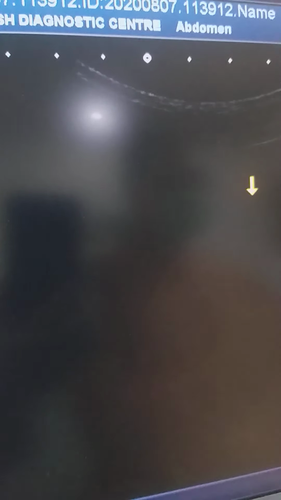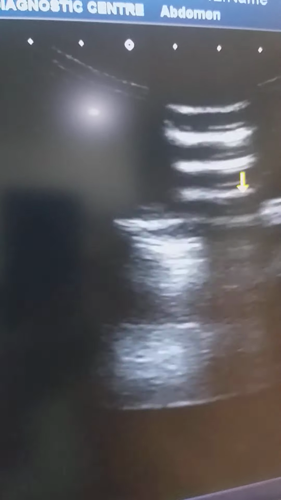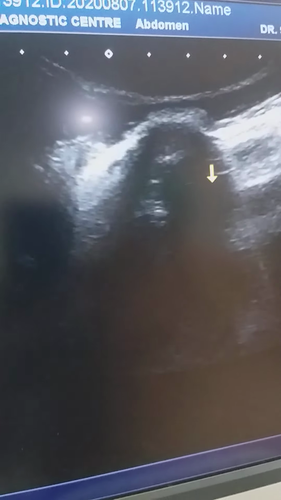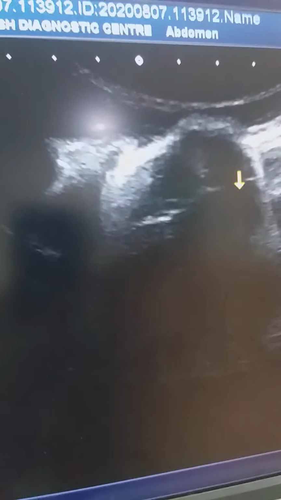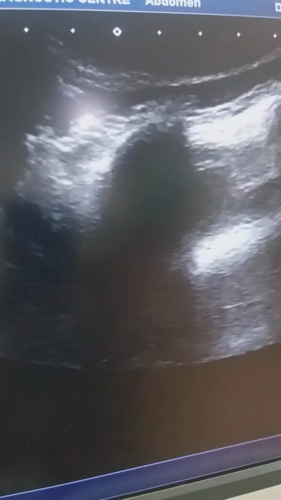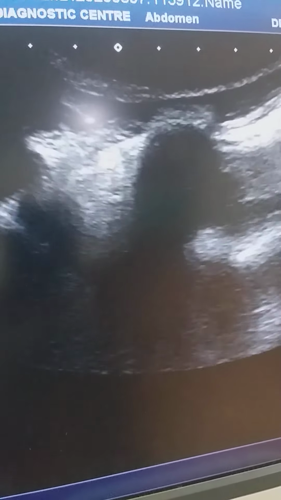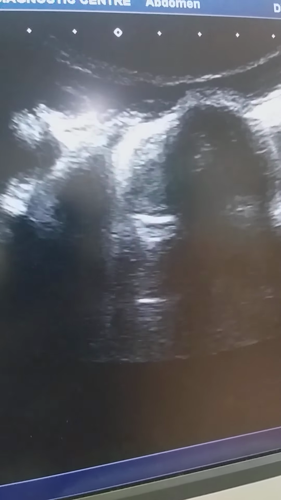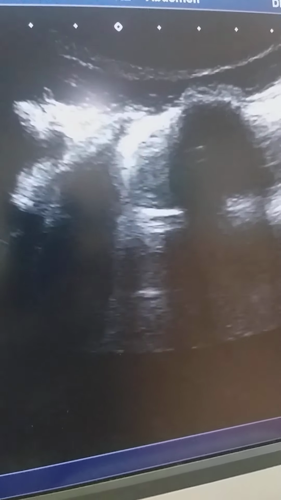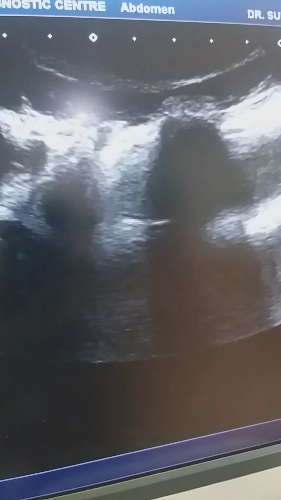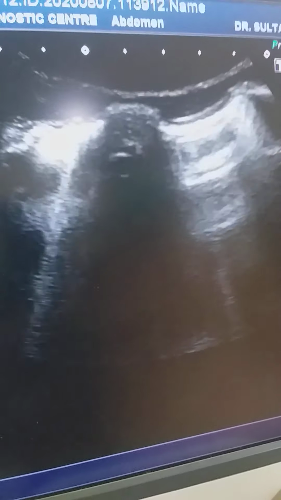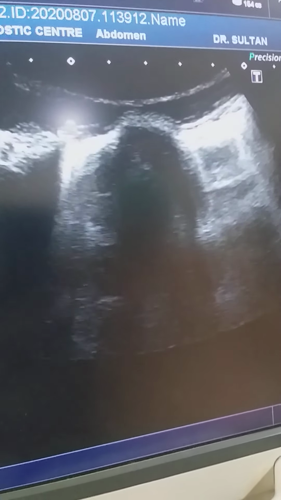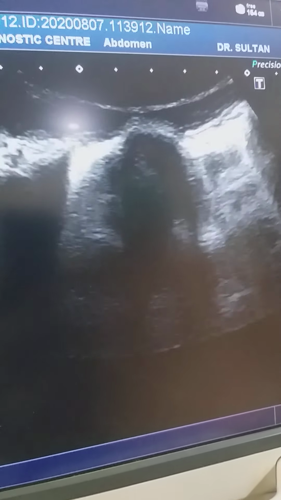And if I put the probe in the left upper chest, we can see that lung sliding is present, the pleural line is moving, and the regular A lines are present, and no B lines. Few B lines, less than 3, are present.